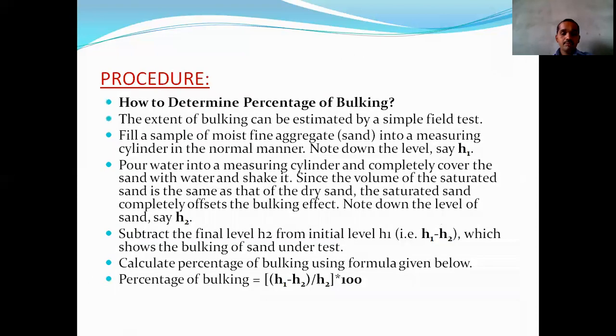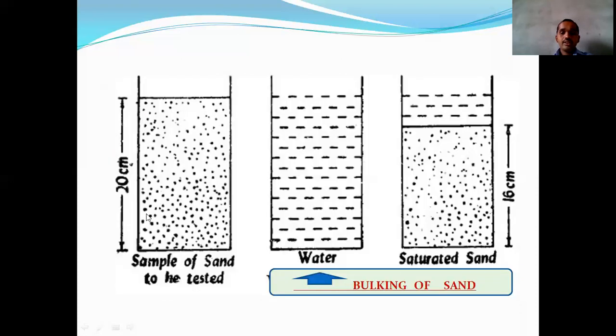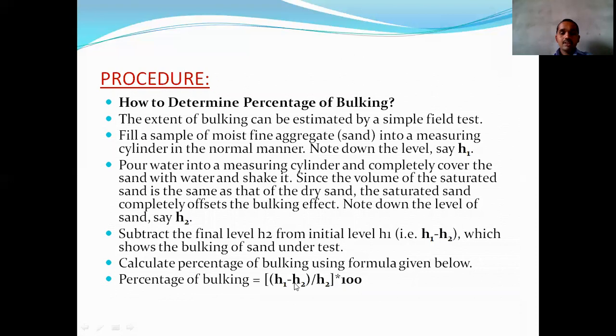But if you require it in a percentage, then calculate by the formula H1 minus H2 divided by H2 into 100. That is H1 20 centimeters, H2 16 centimeters. H1 minus H2 divided by H2 into 100, then we get the bulking of the sand in a percentage.